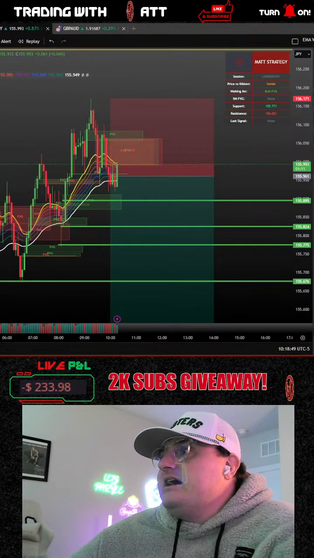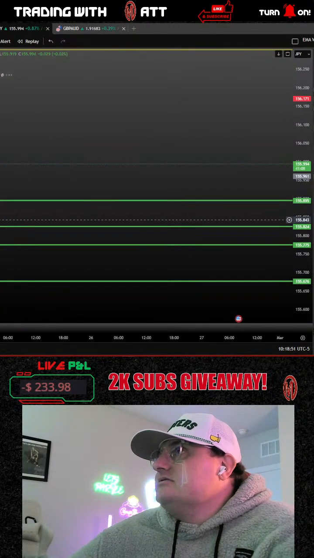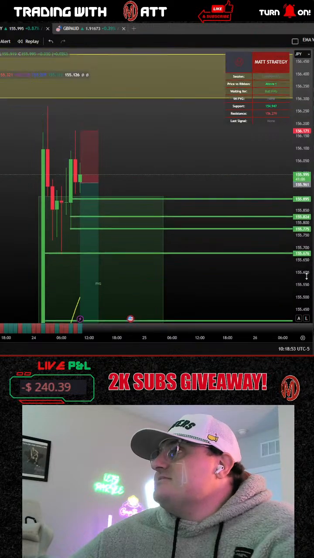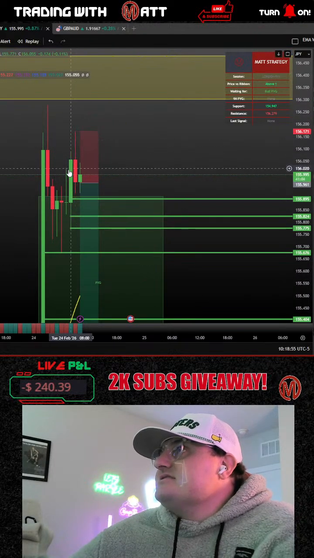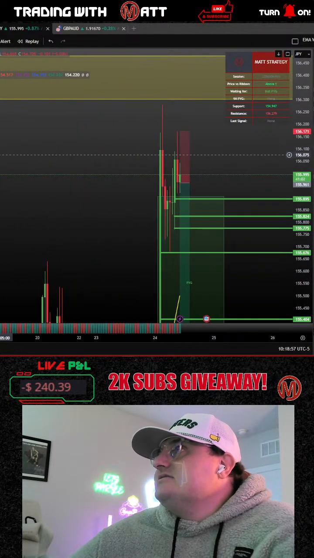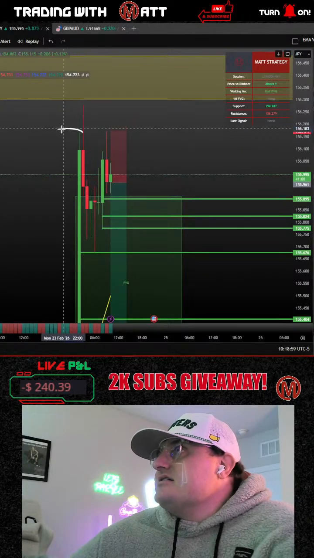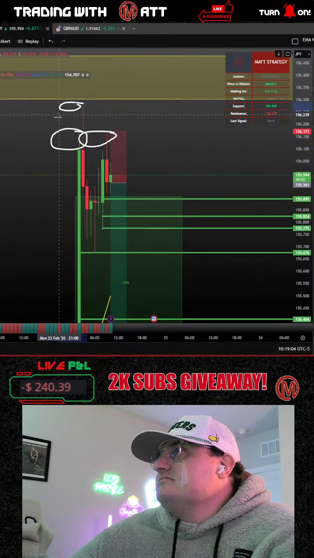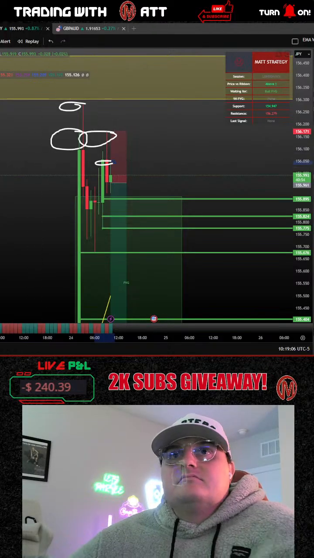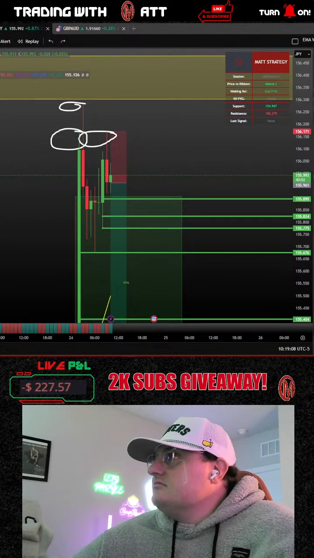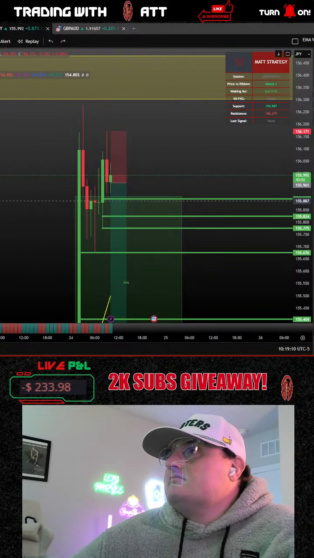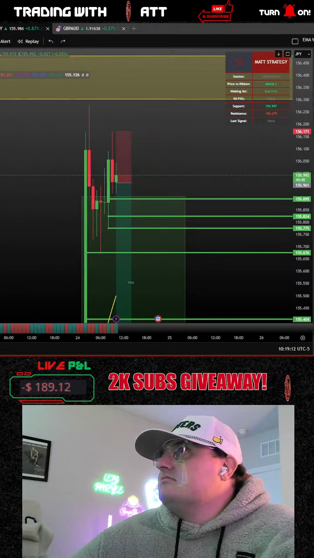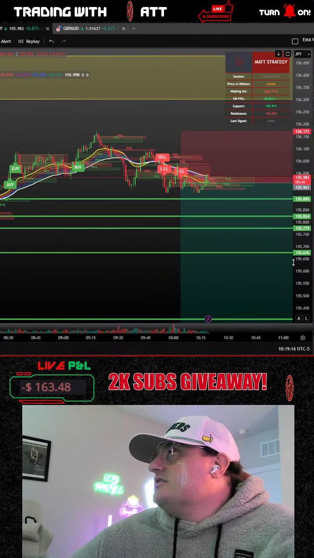But if you want to go back to the 1 hour and the 4 hour, it still looks like it's coming down to me based off this previous candle right here. You've got some pretty strong rejection areas right here. But we're going to go back to the minutes.